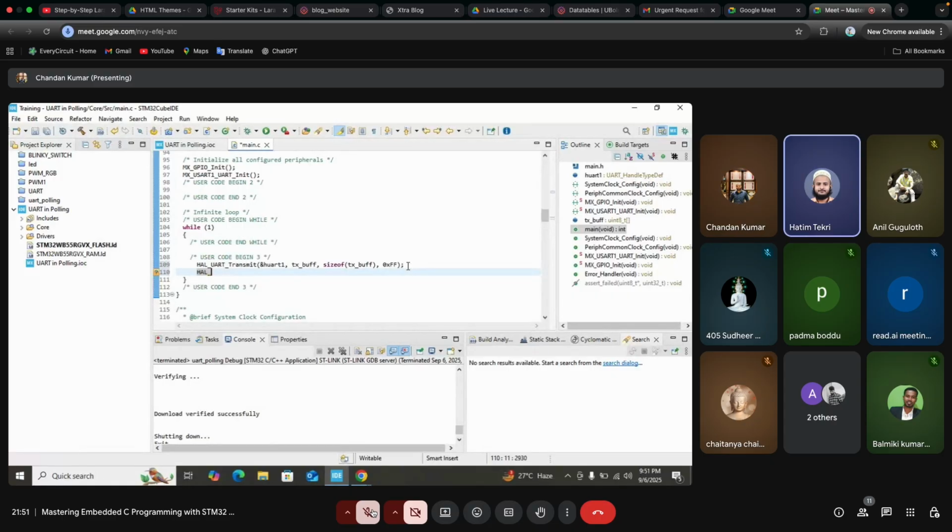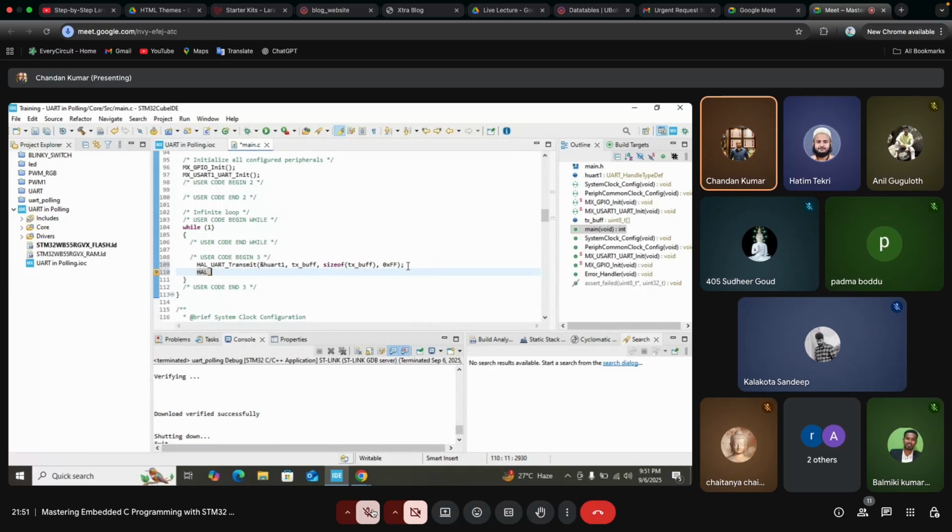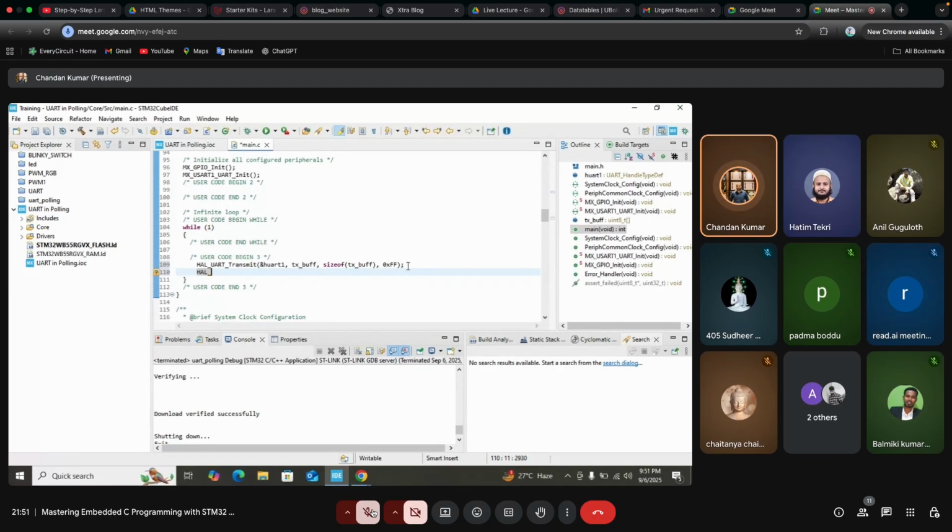No. So just Google it and search hexa value, decimal value, binary value. You will get to know it. And for embedded coding, hexadecimal values are important.